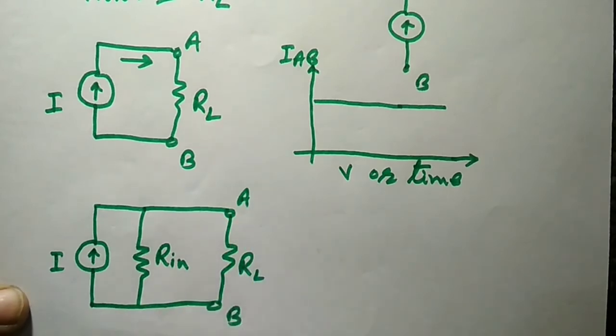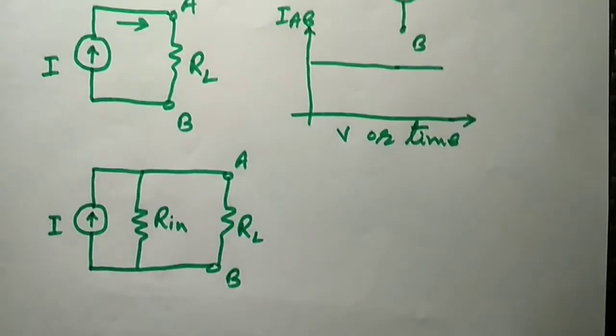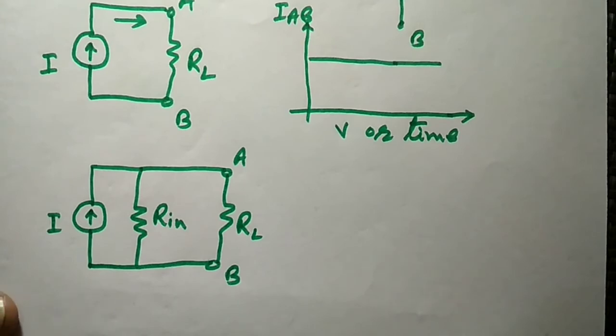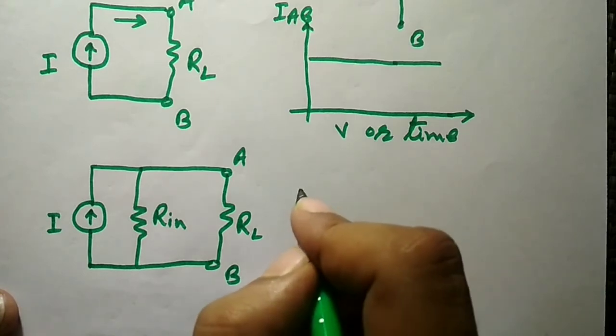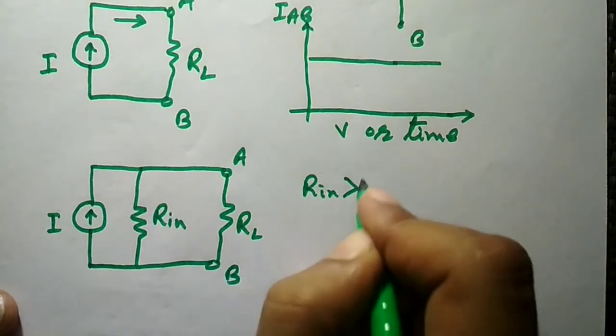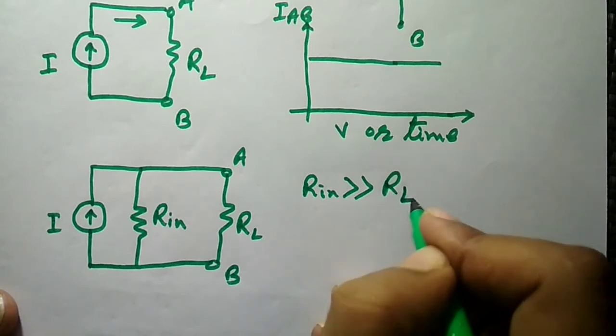So I is the value of the current source, Rin is the internal resistance of the source, and RL is the load resistance. Remember one thing, here the internal resistance is much greater than the load resistance.